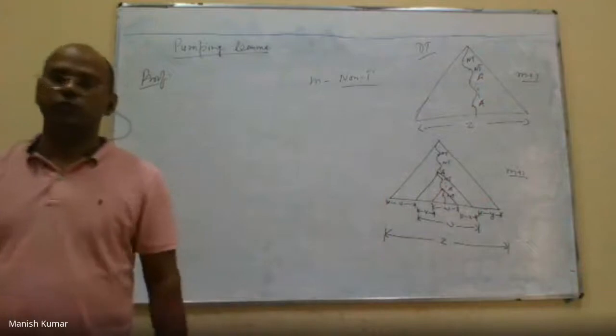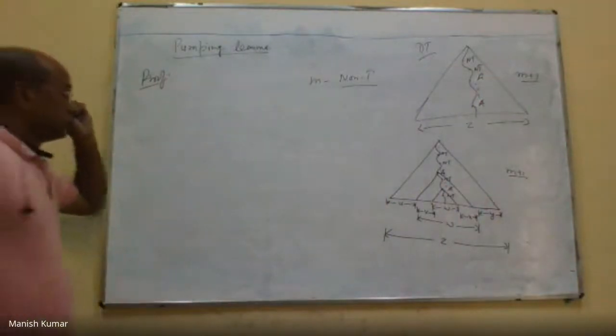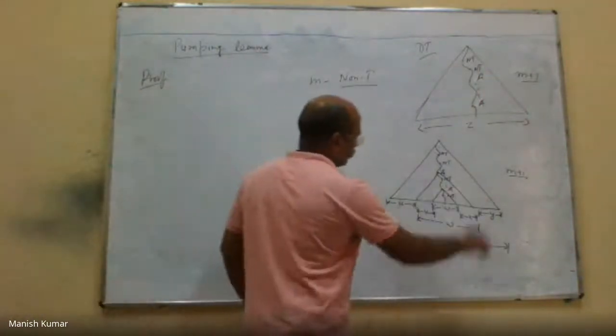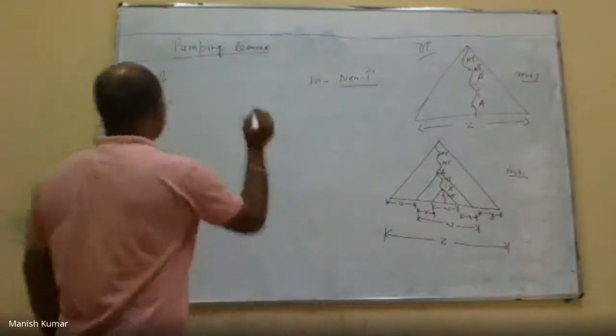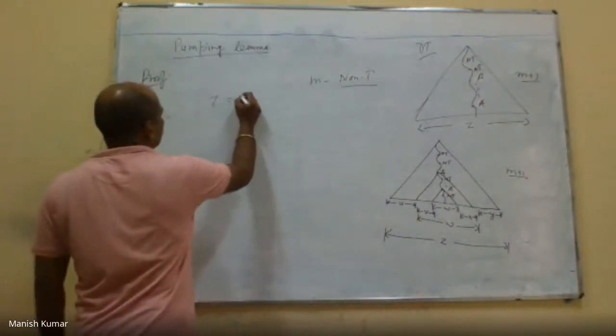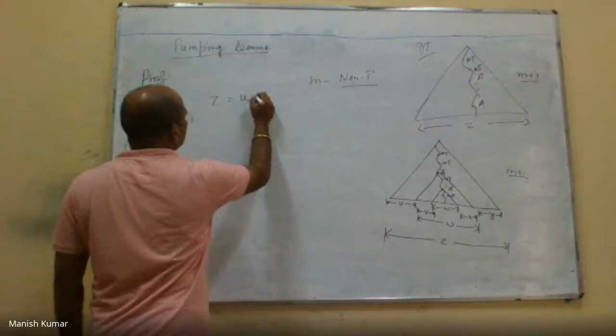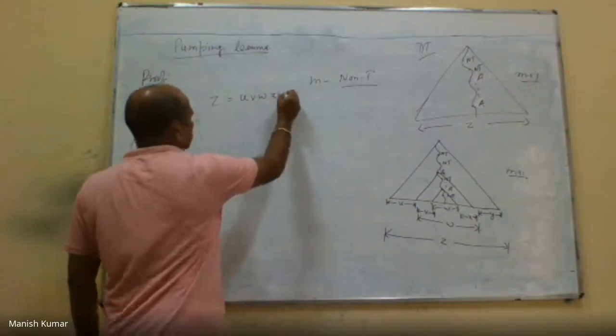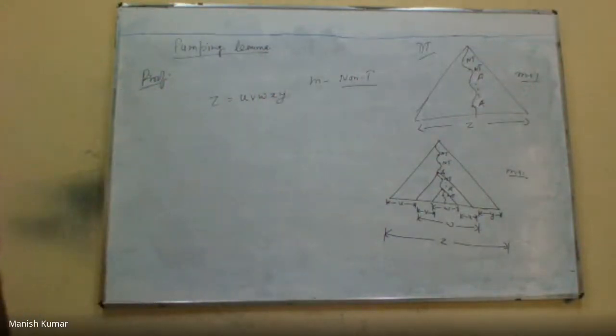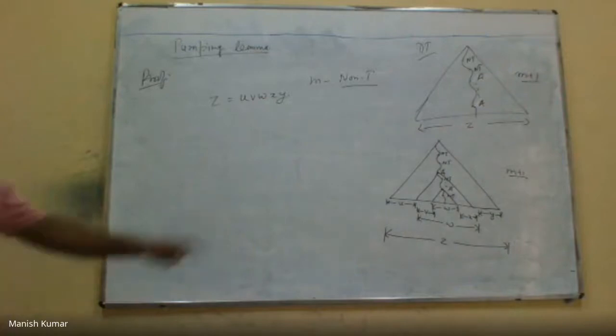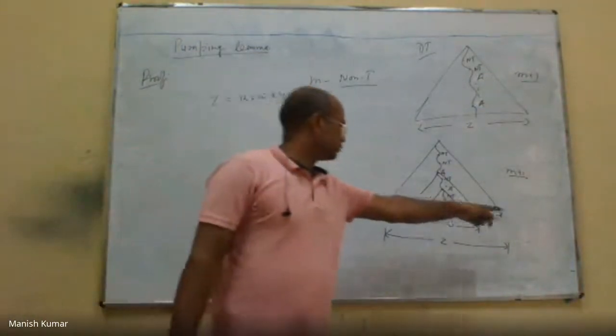Fine? Easily you can see that z is expressed in terms of u, v, w, x, y.